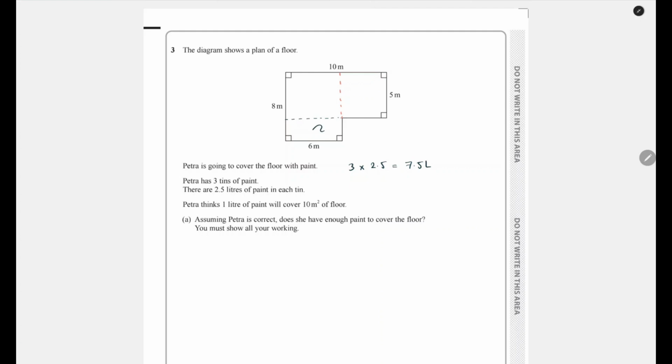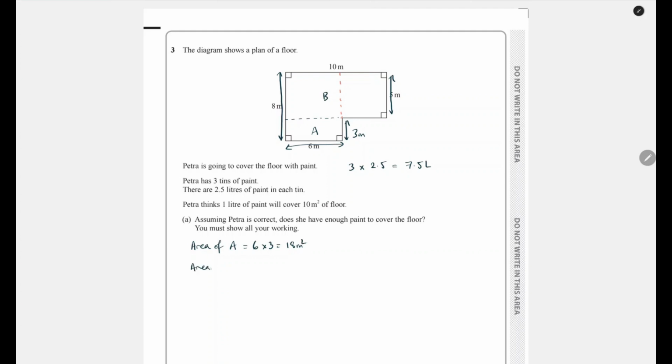For this purpose, let's cut the shape in the first way, and so we'll call this shape A, and we'll call this shape B. So to get the area of A, we need 6 multiplied by this length here, and that length is going to be 8 minus 5, which is 3. So 6 multiplied by 3 gives us 18 meters squared.